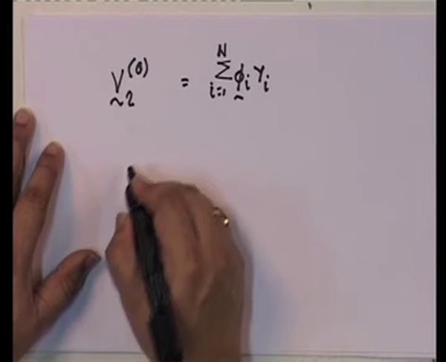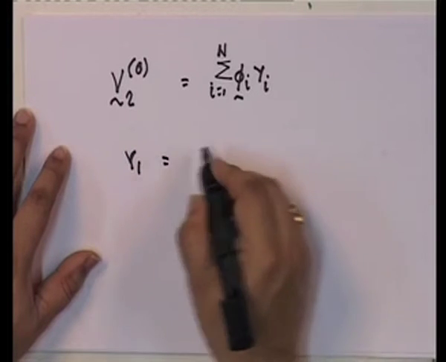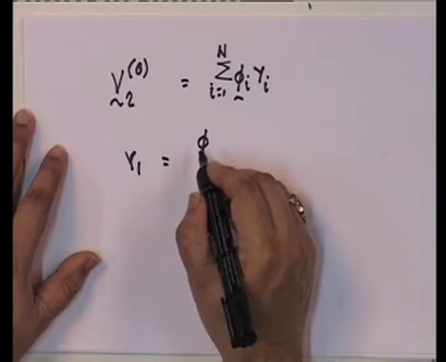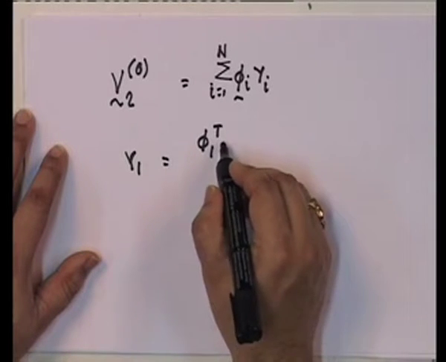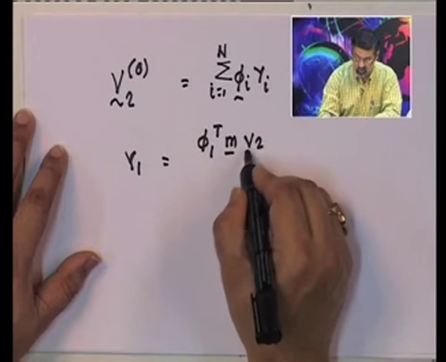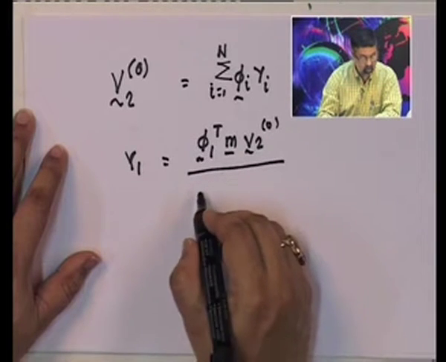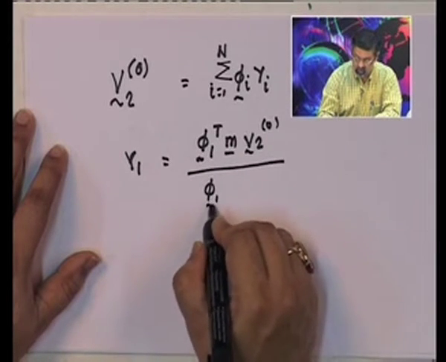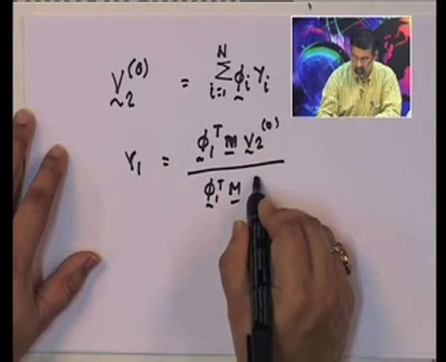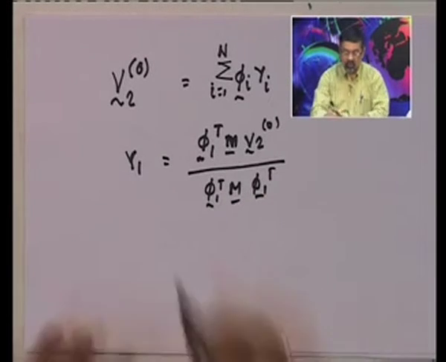So, therefore, I can always find out y 1. How can I find out y 1? By just doing phi 1 transpose m V2 0 and dividing it by phi 1 transpose m into phi 1. Okay, so I can find out.